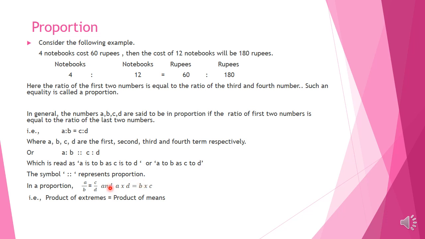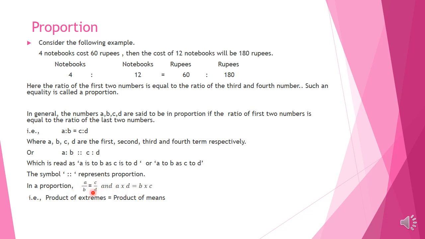So we can say in proportion A/B is equal to, in fraction form, A:B we can write in fraction form as A/B and C:D we can write in fraction form as C/D. So A/B is equal to C/D, or we can write as A into D, cross multiplication, we get A into D is equal to B into C.